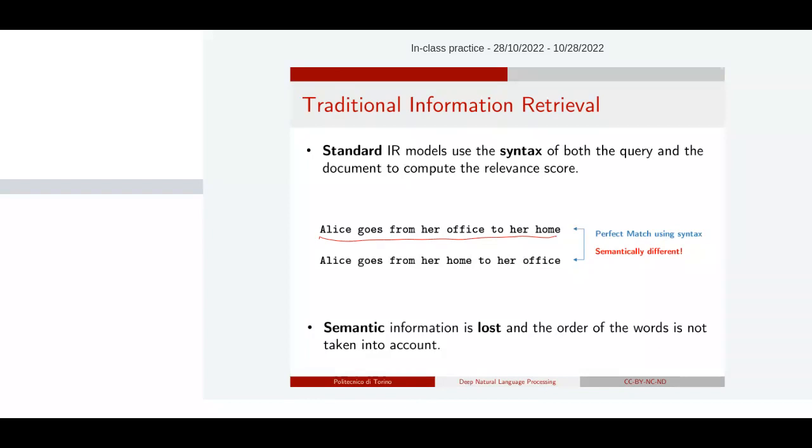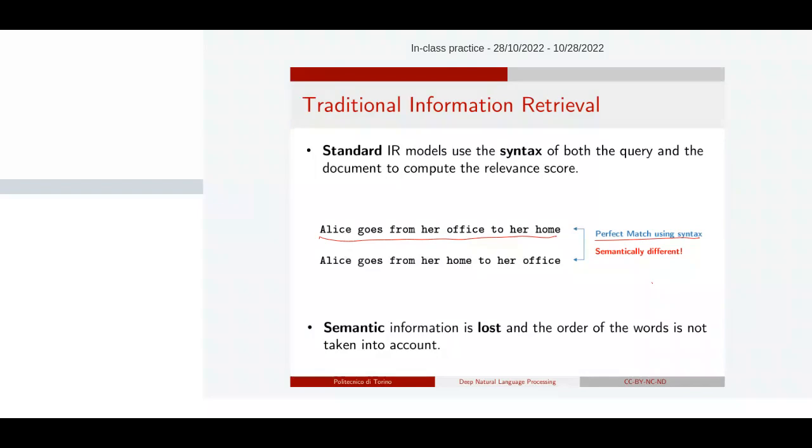We have those words that are the same in both cases, but in our understanding, if we read those sentences, we have a perfect match in terms of syntax, but they are semantically different. In one case, Alice goes from her office to home.